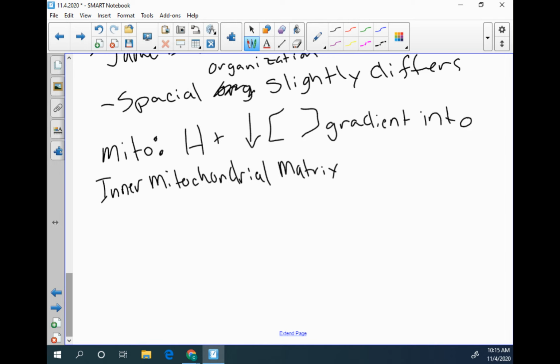So we are pumping our hydrogens out in cell respiration, right? And we're allowing them to come back into that inner mitochondrial matrix in order to run ATP synthase.